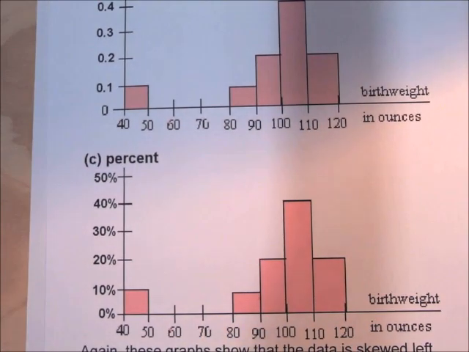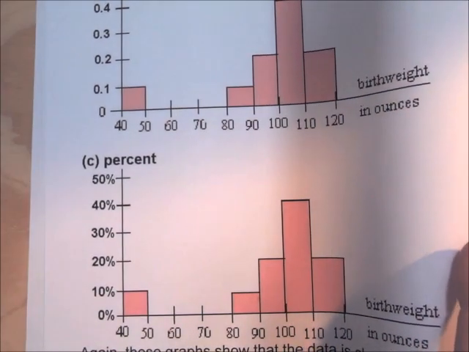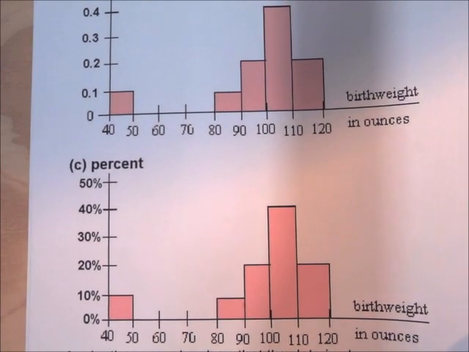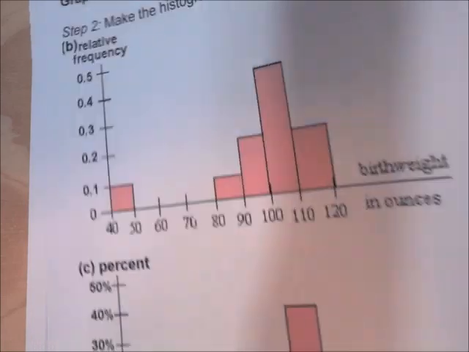And this description is still the same. It's skewed left with an outlier in the 40s, and it's one main cluster.